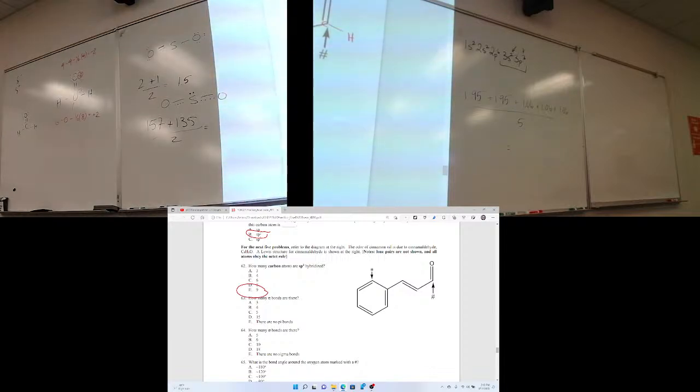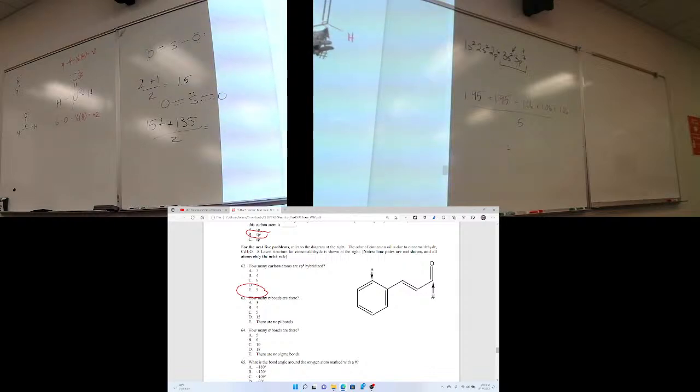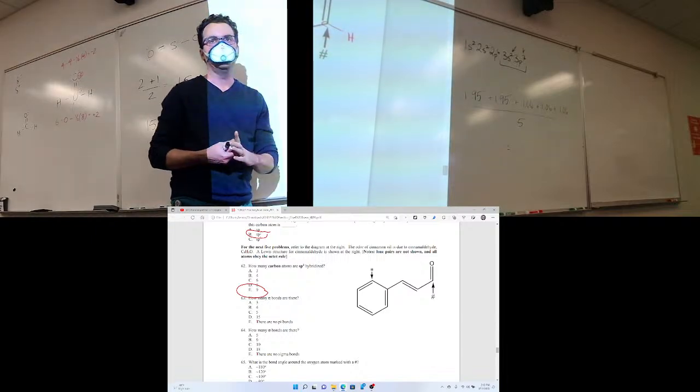You go to each one and ask how many groups of electrons are next to it. This carbon has 1, 2, 3. This carbon has 1, 2, 3. They all have 3. None of them have anything different. Even this carbon here has 1, 2, 3 groups of electrons around it. So they're all trigonal planar, so they're all sp2.